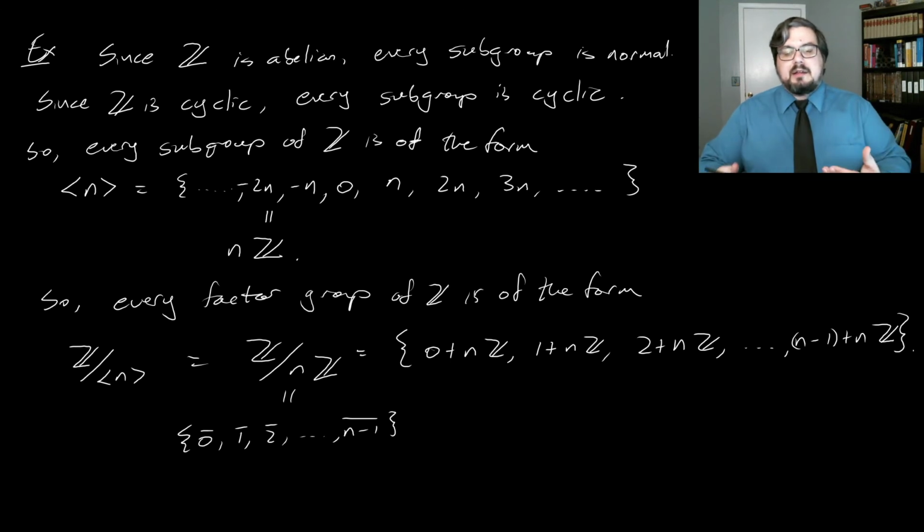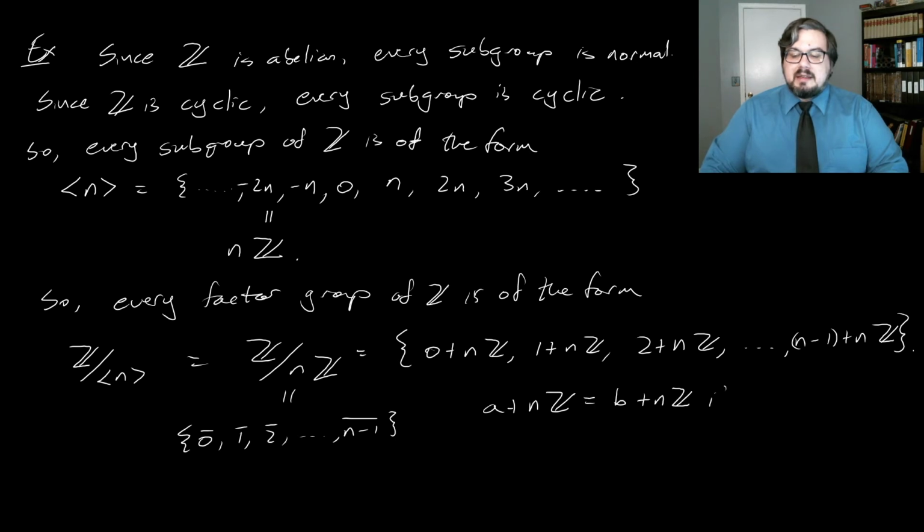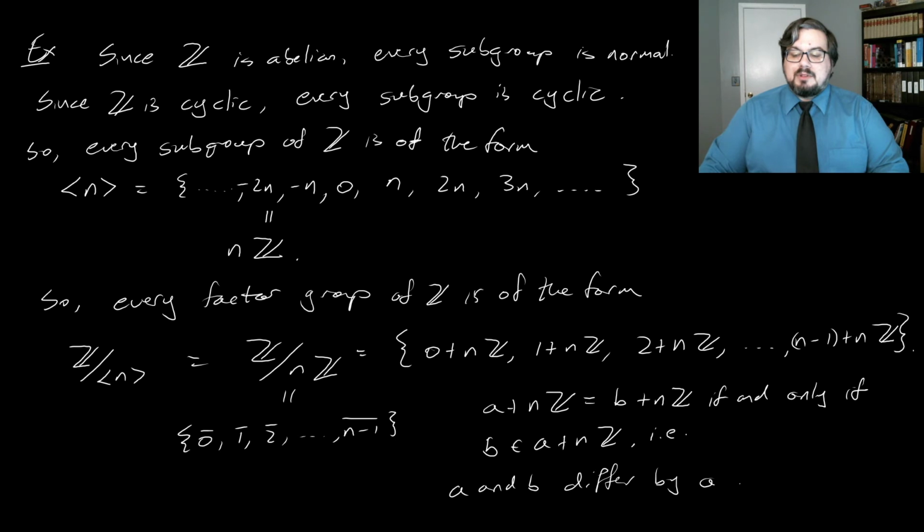And we can look at a lot of things about this and express all the relationships that we did before in terms of some of this new language. So for instance, we have that a plus nZ is equal to b plus nZ if and only if b is in a plus nZ. Or in other words, a and b differ by a multiple of n.